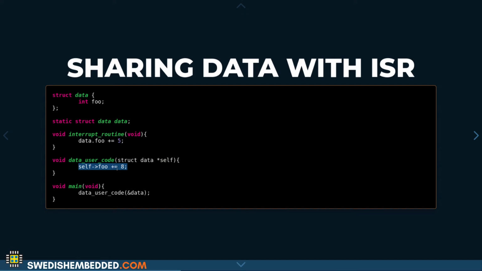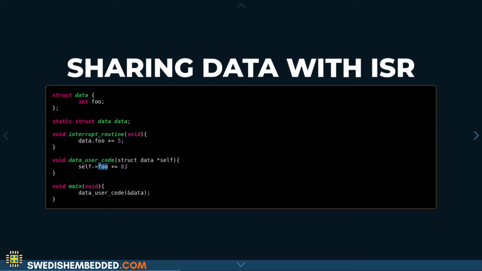But let's say we have already read the value and we're adding 8 to it and then writing back the result. We would get the wrong result, because the result of the interrupt's operation will essentially be ignored, and the variable will get its old value plus 8 instead of its old value plus 5 and then plus 8. So this is the situation we're trying to solve.